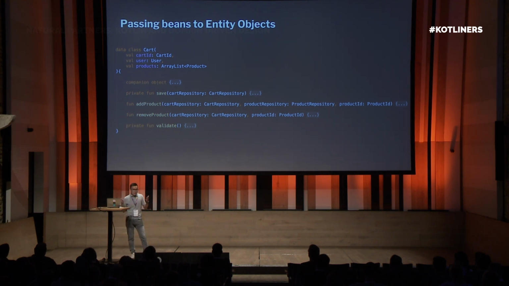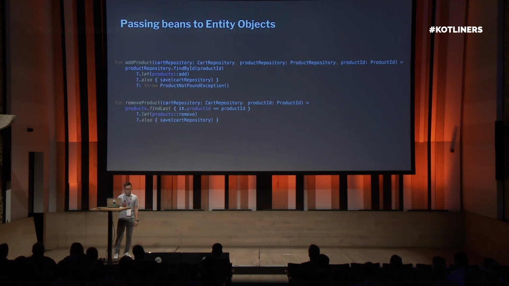Then we would have just a simple set of functions which are basically doing nothing. And that's what DDD warns us against. We shouldn't have anemic models, and it's very important to solve this problem.